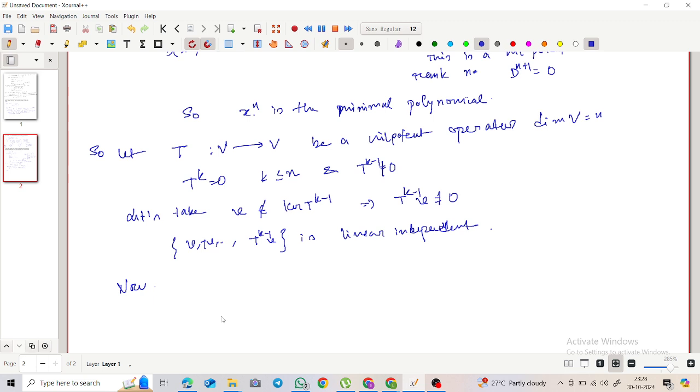What about kernel T? Tv is 0. Let's take alpha 1 to alpha r belonging to kernel T, such that alpha 1 to alpha r be a basis of kernel T. Okay.